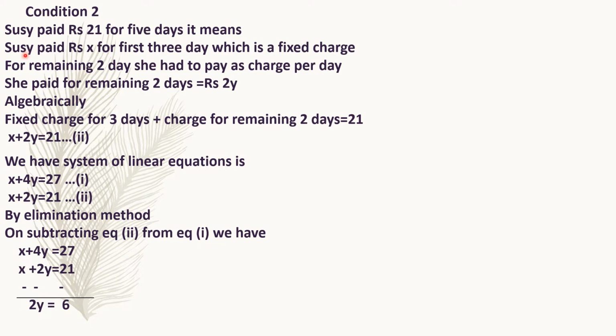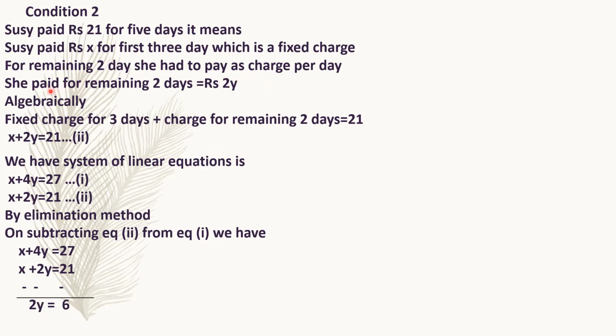So she had already paid rupees x for first 3 days, which is a fixed charge. Now for the remaining 2 days, she had to pay charge per day, and we know that each additional day the charge is rupees y.